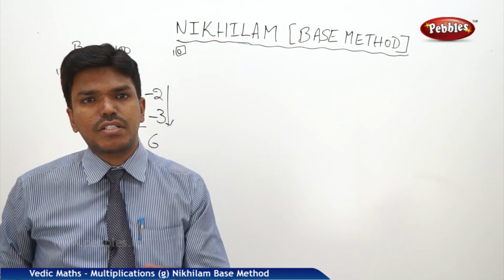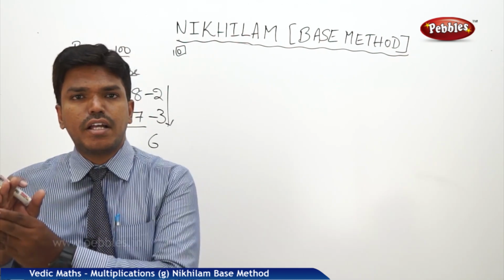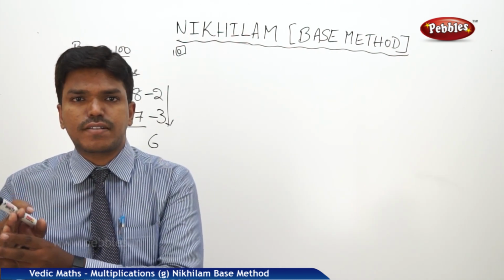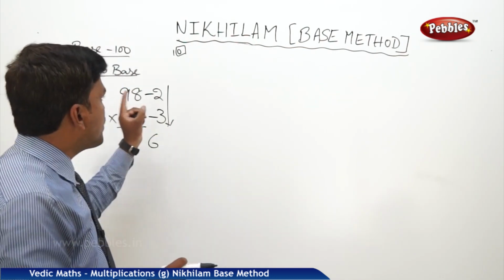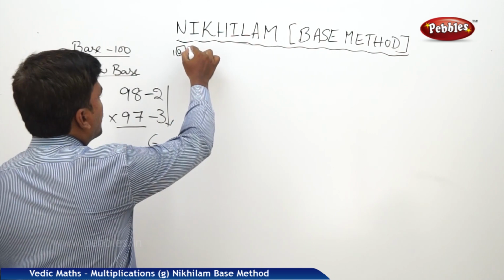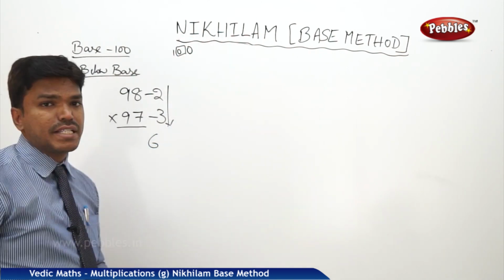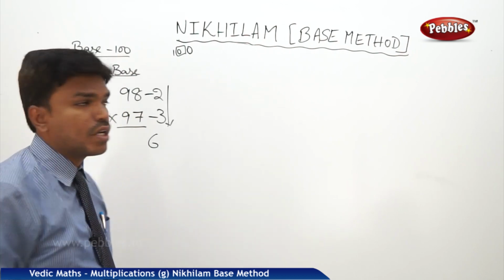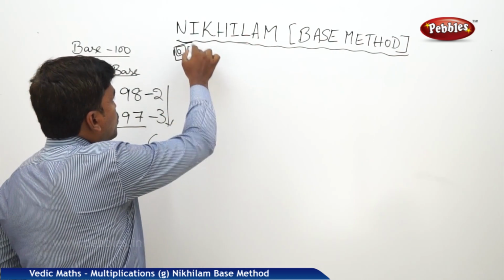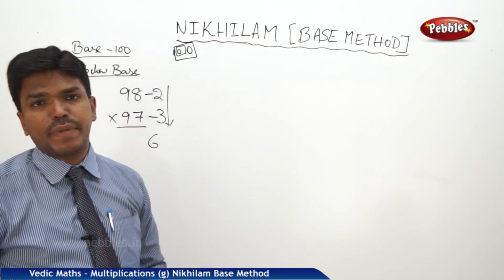And if it is more than one digit, we carry the extra digits to the next part of the answer. Similarly, here also, when we are taking the base as 100, how many zeros are there? 2 zeros. Yes or no? There are 2 zeros in the base 100.